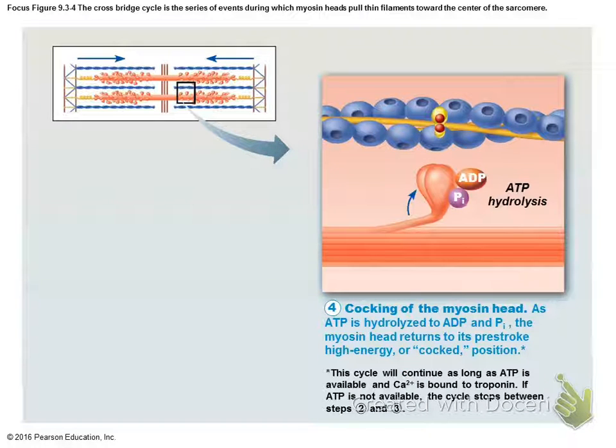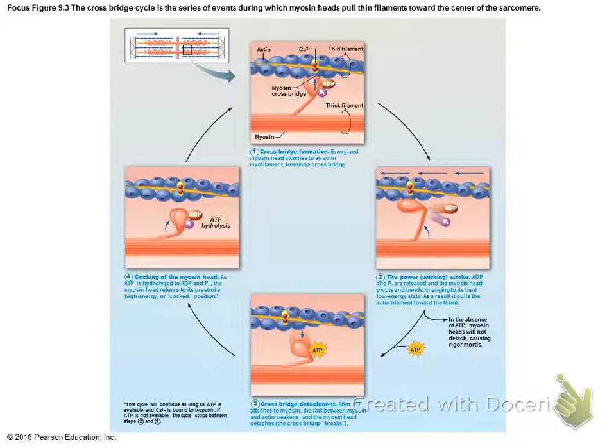Then the ATPase works again. It pops off a phosphate group so that we can cock the head and get it ready to start a whole new crossbridge attachment. So you need to know all those steps. You need to know what ADP and ATP are important for.